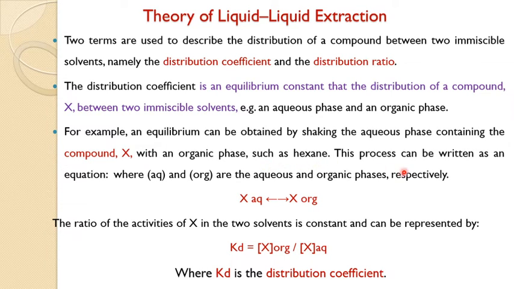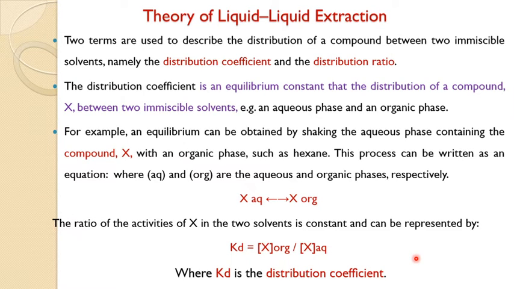The process can be written as an equation: X(aq) ⇌ X(org), where aq means aqueous phase and org means organic phase. The ratio of activities of X in the two solvents is constant and can be represented by Kd equal to X in organic phase divided by X in aqueous phase, where Kd is known as the distribution coefficient.